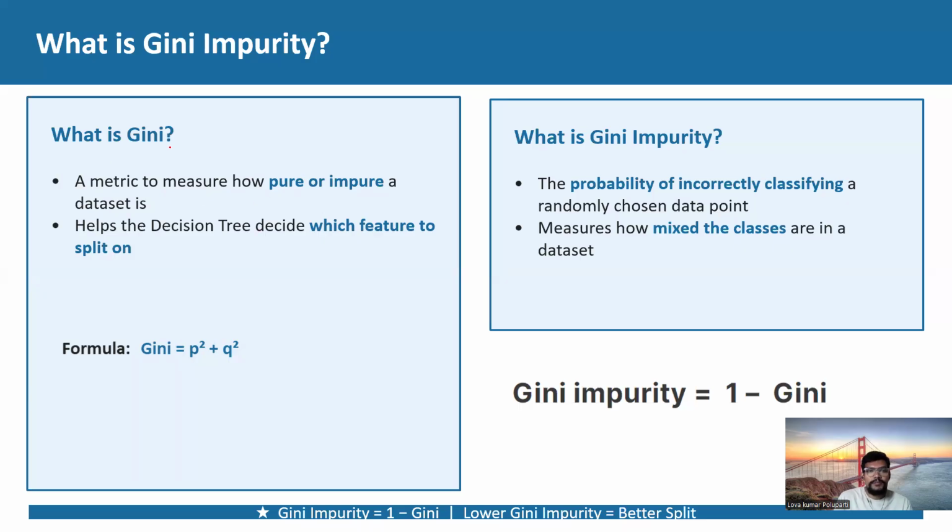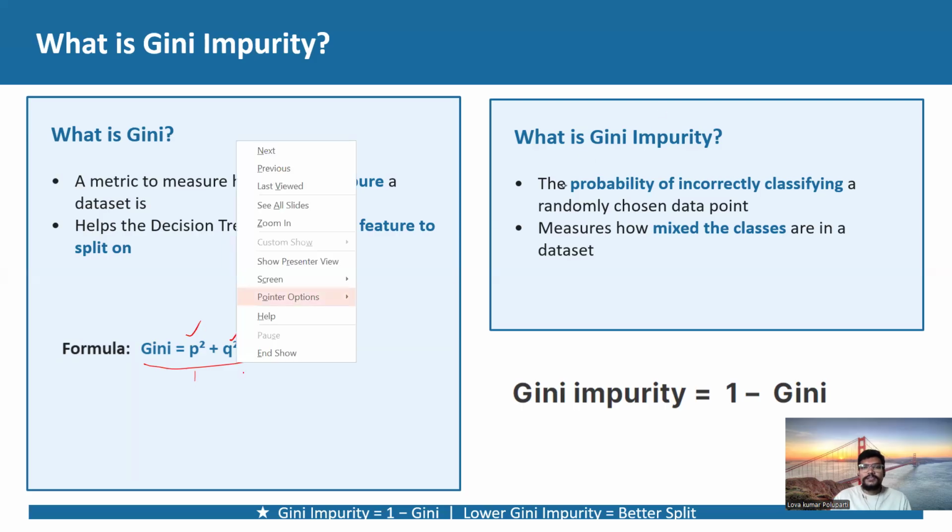Gini is the metric to measure how pure or impure your data is. It will find how much purity there is. Formulation-wise, the Gini is p square plus q square, where p is one class and q is the other class, for example people who are eligible for the loan and who are not eligible, or by gender, the males and the females.